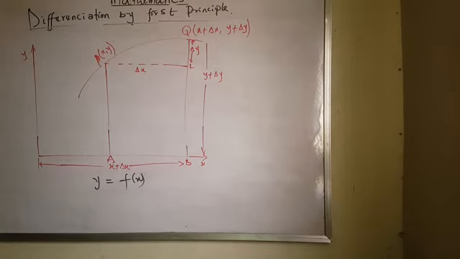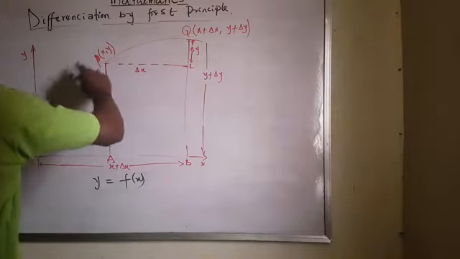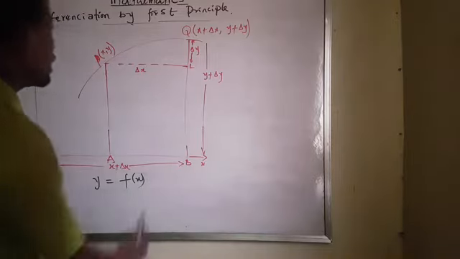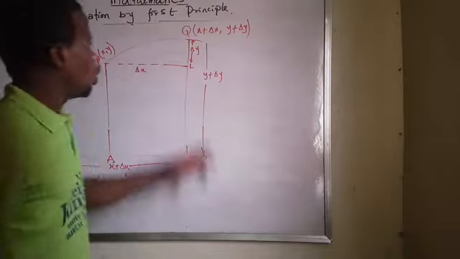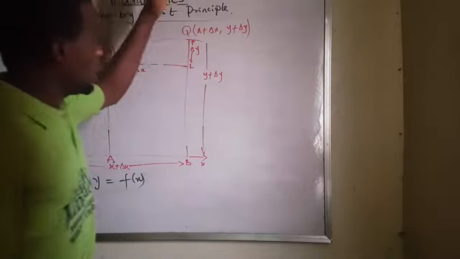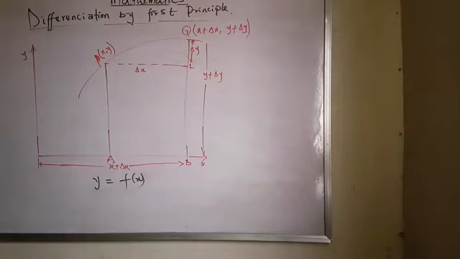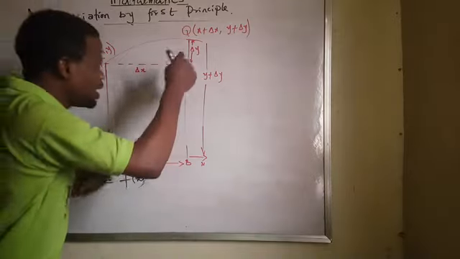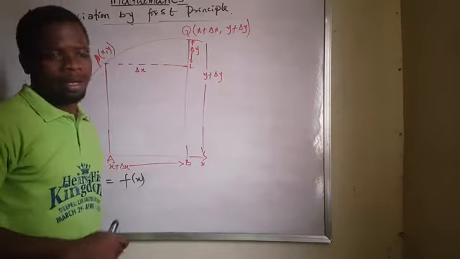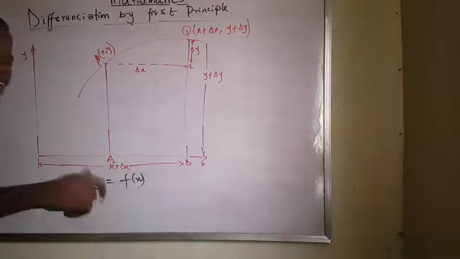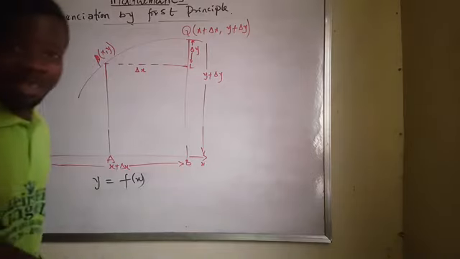So here now, we have 2 points on this curve. Look at this curve. Point P, that is P of x, y, and we have Q of x plus change in x and y plus change in y. Something happens. There is a little increase in y as a result of an increase in change in x.